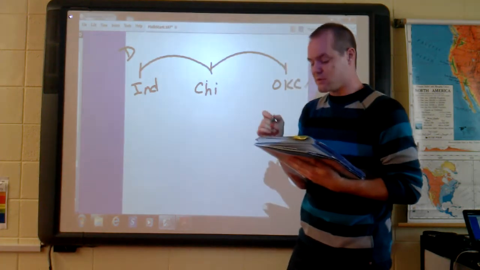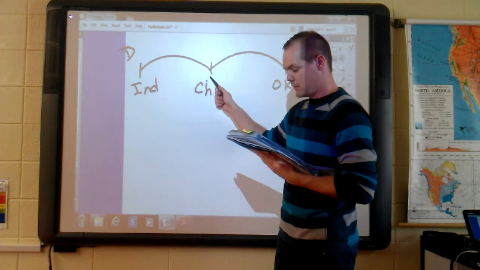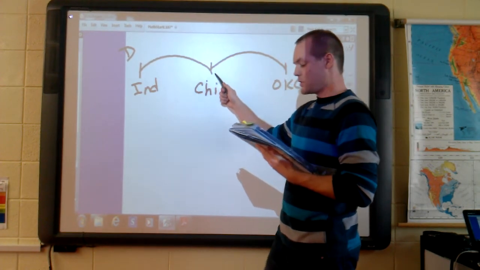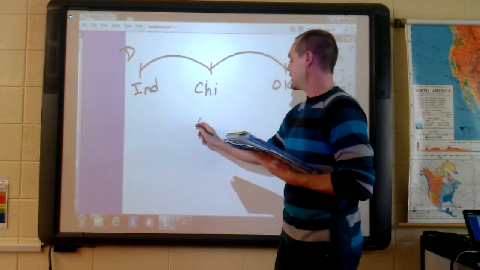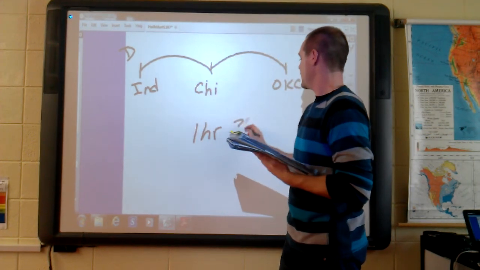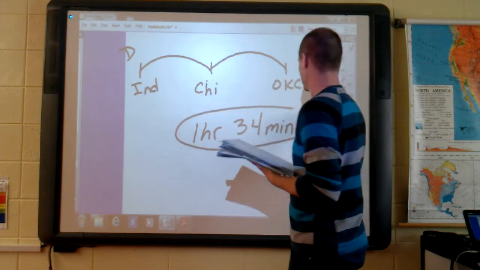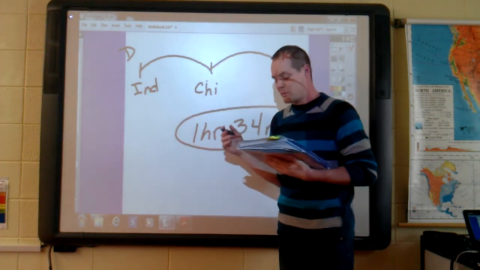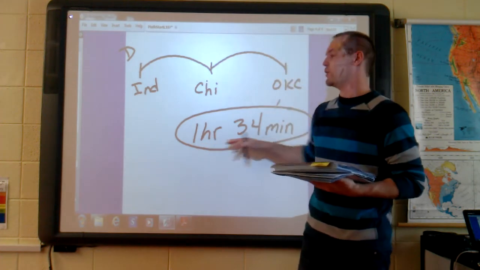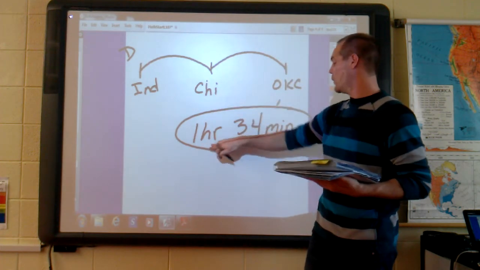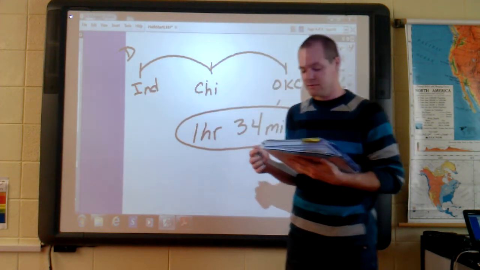It says David's trips to Indianapolis have 2 legs, one from Oklahoma City to Chicago, and another from Chicago to Indianapolis. He stops in Chicago and has 1 hour and 34 minutes. That's the first answer. He has 1 hour and 34 minutes in the schedule to change planes. This is just called his layover. So he'll arrive in Chicago 1 hour and 34 minutes before his plane needs to leave to Indianapolis.